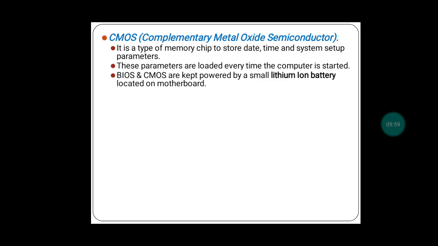So next day when we come to the college, that will be around 10 o'clock. At 10 o'clock, if I switch on the computer system, what time will it show me? We switched off the computer yesterday at 5 o'clock. So when I come next day morning at 10 o'clock and switch on the system, it will show me the time as 10 o'clock only, right? It is not going to show me the time as 5 o'clock.